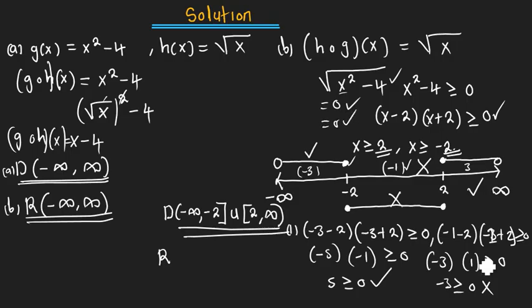So when I use my two set points, negative 2 and 2, the lowest number that I'm getting is 0. Henceforth, my range is going to come from 0 to positive infinity. That is just how you solve the first question.